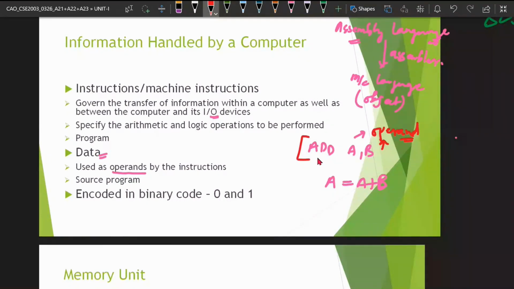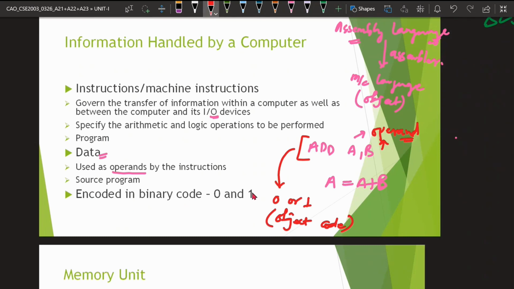But in machine language, add a comma b is represented only in terms of zeros and ones. This is converted by the assembler, and this 0 and 1 representation of add a comma b is called the object code. So here encoding will be done.